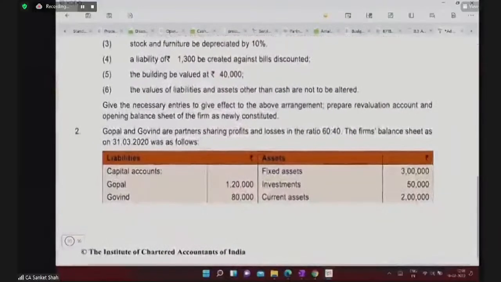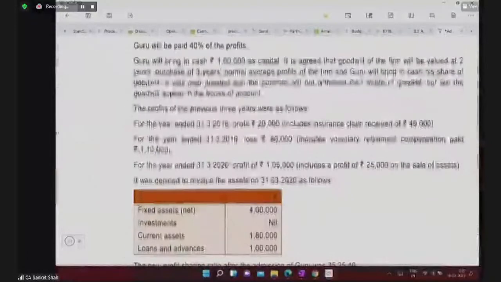Gopal Govind question, Gopal Govind question beta. Yes, come to Gopal Govind question, TYK number 2.